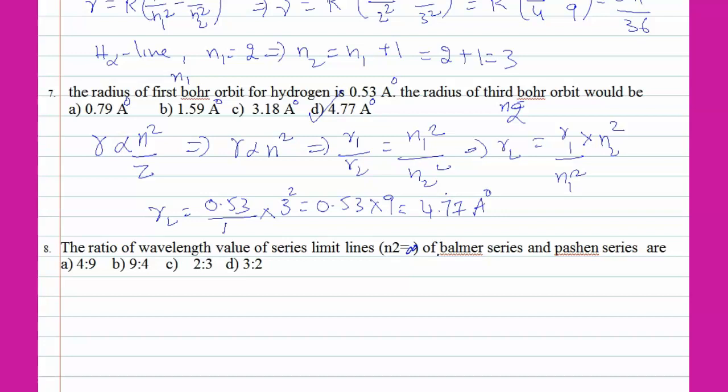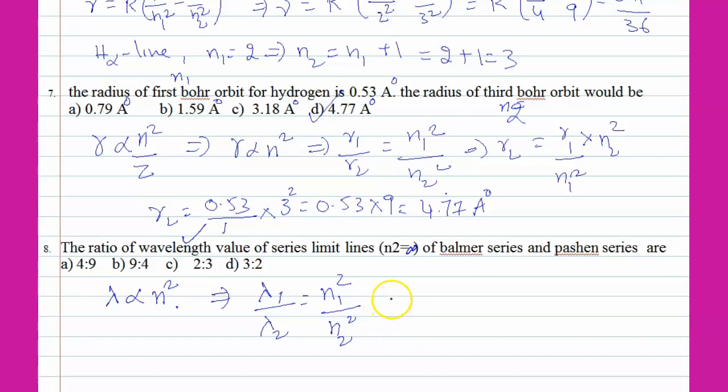So actually this is the relation of wavelength and lines, Balmer series and Paschen series. So here lambda proportional to n square. So lambda 1 by lambda 2 equal to n1 square by n2 square.